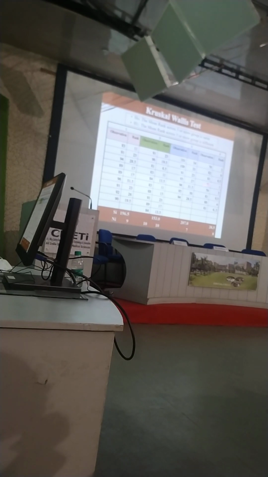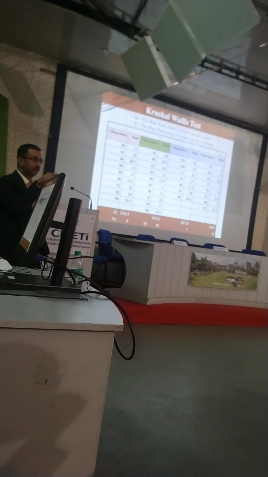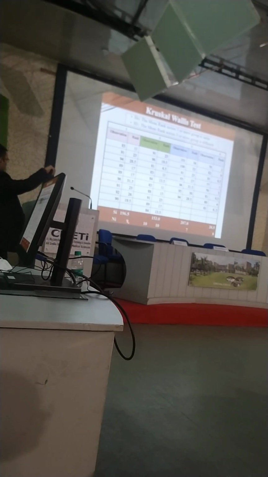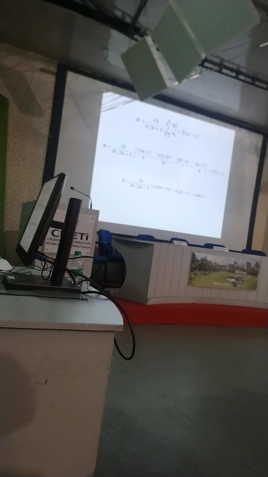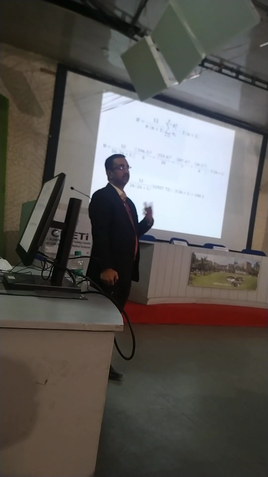We calculate the rank, that is, we rank each of them 1, 2, 3, 4. So what is happening? Each and every individual is being labeled according to which group it belongs to and what its rank is. We calculate individually some values in this way, the observations and their sum, and then we calculate this value, which is called the Kruskal-Wallis H. It came to 140.2, and it approximately follows a chi-square distribution with n-1 degrees of freedom.